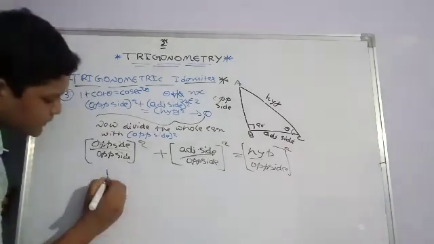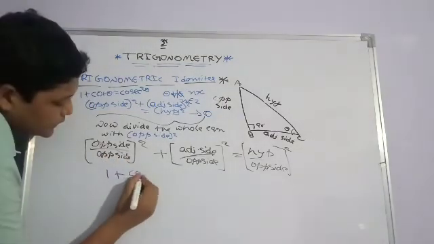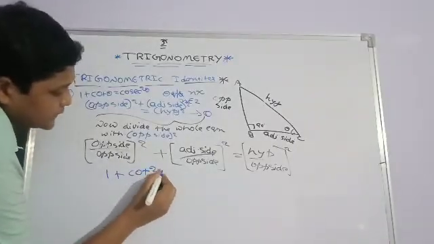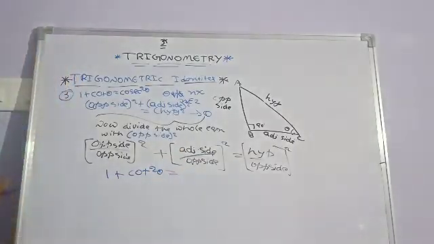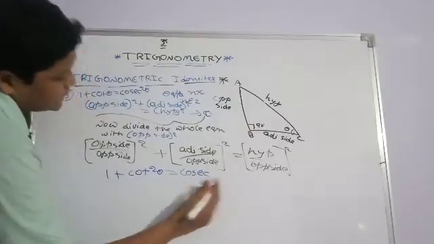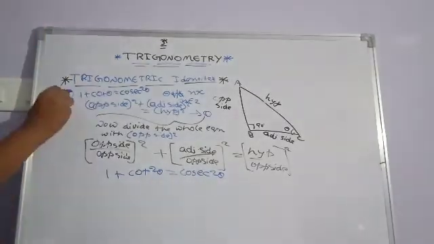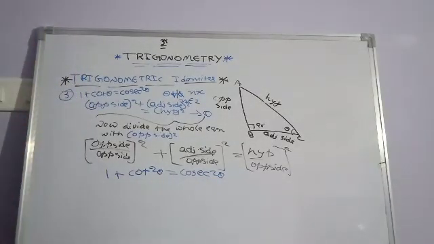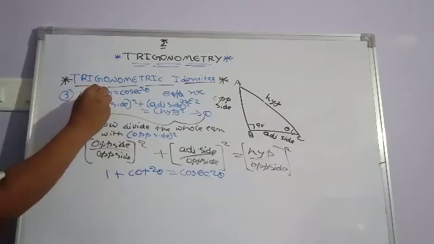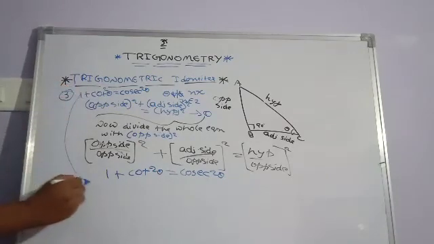What remains here? 1 plus adjacent side by opposite side is cot square theta, because it is whole square. Hypotenuse by opposite side is cosecant, the reciprocal ratio of sine, so cosecant square theta. Hence this is also proved. This is 1 plus cot square theta, not 1 plus cot theta.